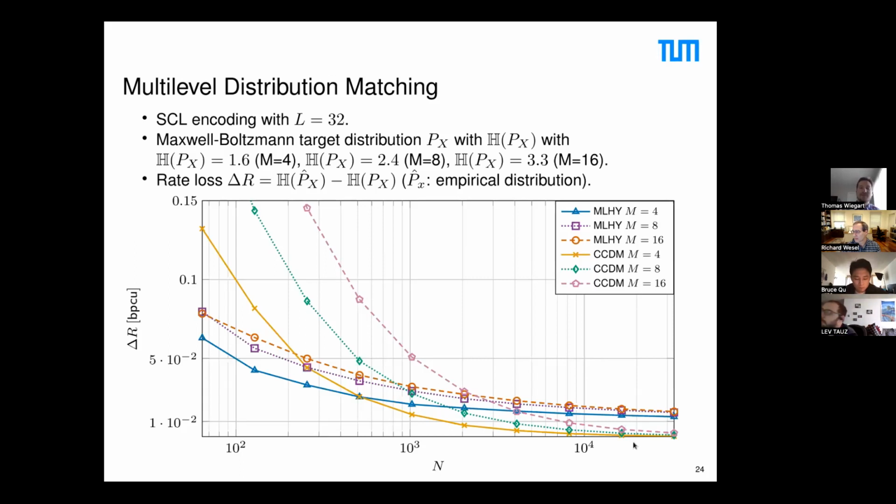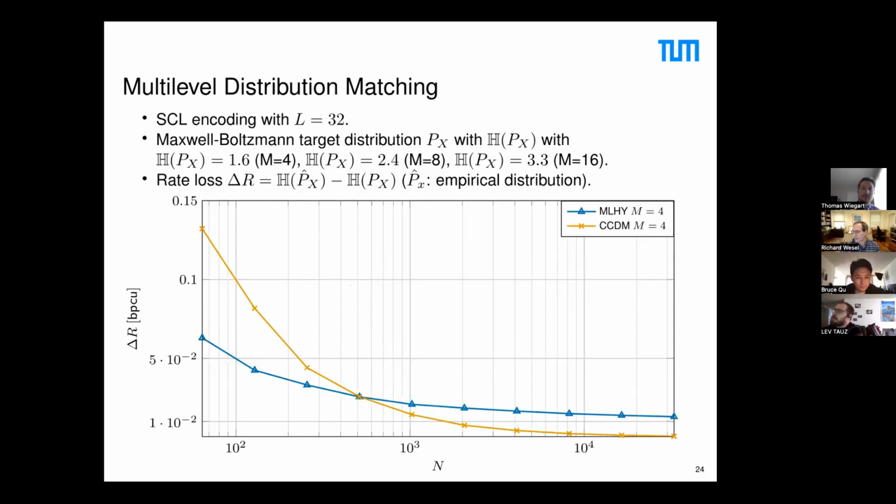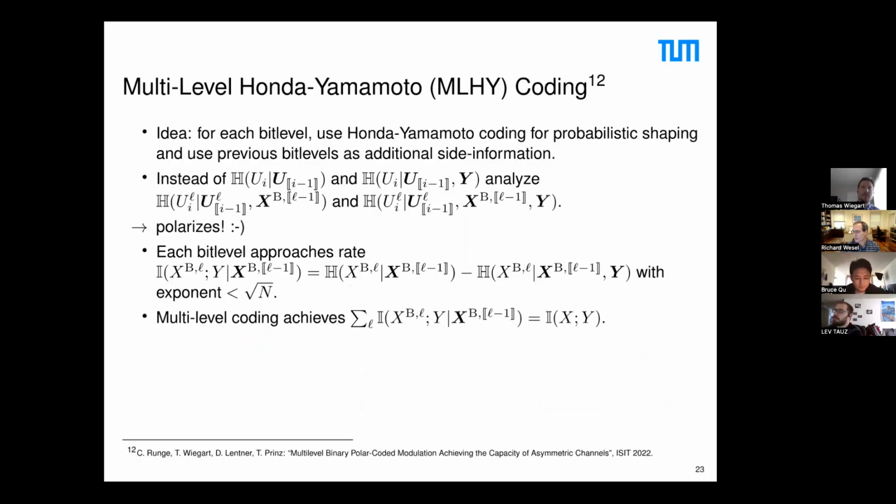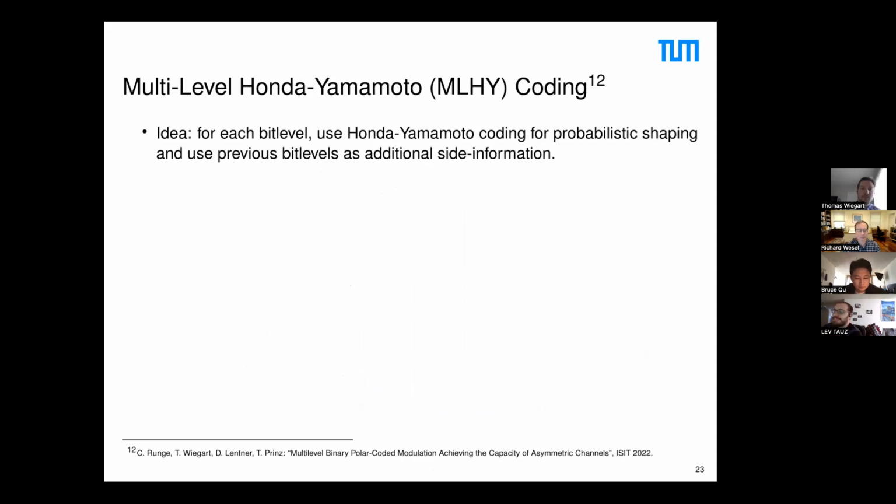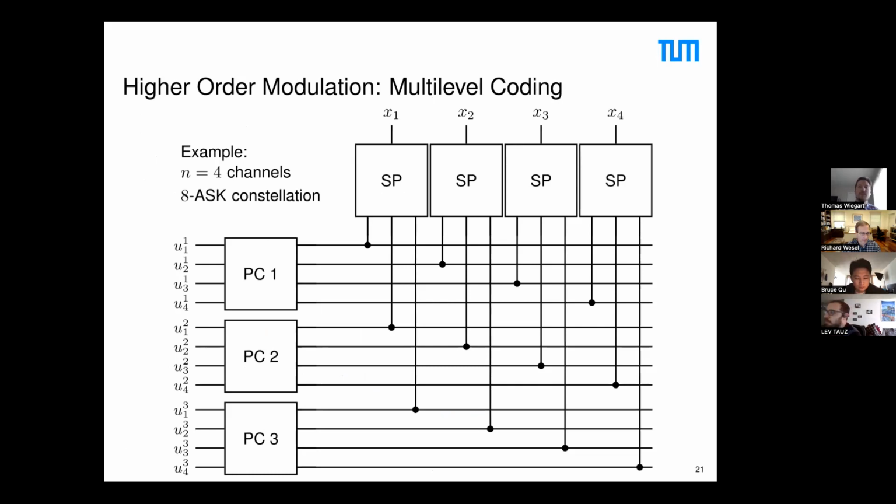Okay. Another question I have: if you go back to the Honda-Yamamoto coding scheme, the figure is probably better to discuss. You have a target distribution for the X's, and you're translating them into a target distribution for the intermediary bits. So you're trying to hit the independent bit probabilities, but are you looking at them jointly?